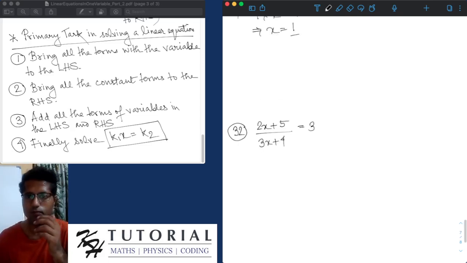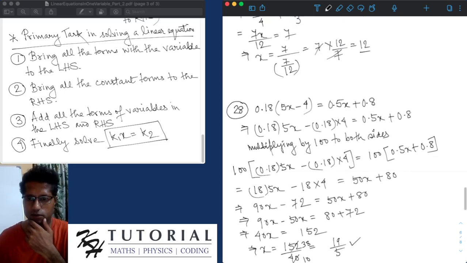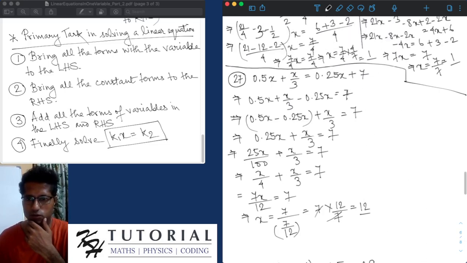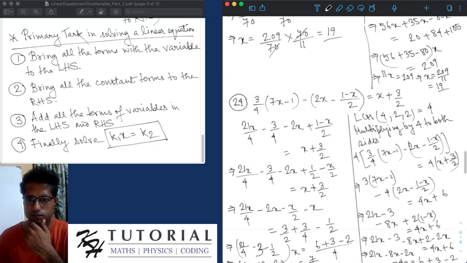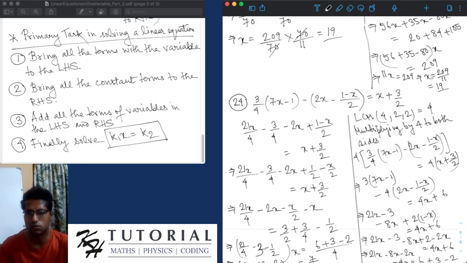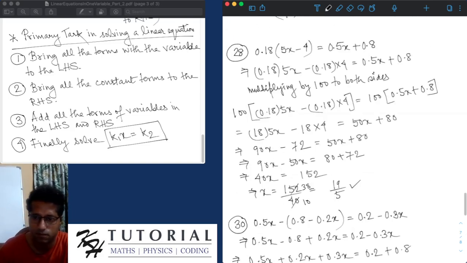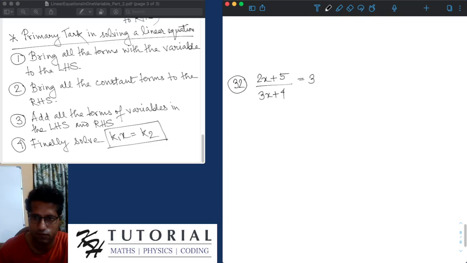In the previous problems we saw that for the terms in rational form, the denominators were some constant. For 24, you see 3 by 2, the denominator 2 is a constant; 3 by 4, the denominator 4 is a constant; and 1 minus x by 2, the denominator 2 is a constant. But in this problem we see that the denominator also has a variable.